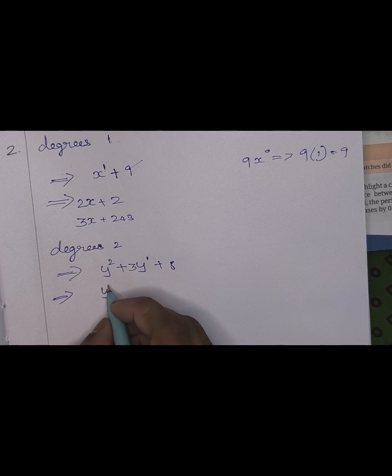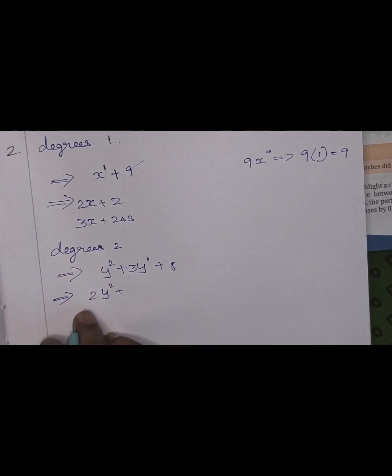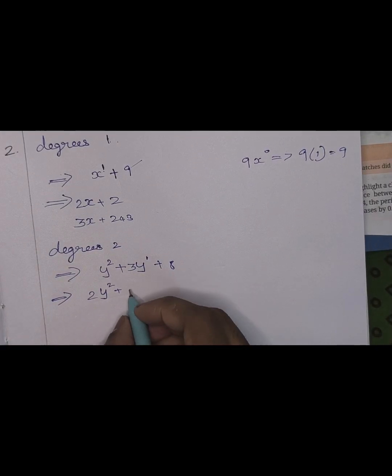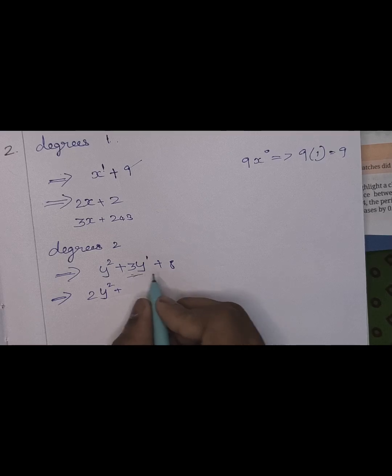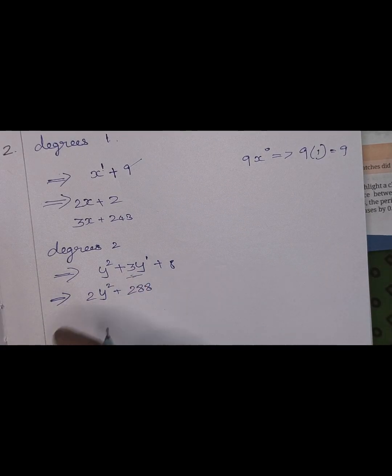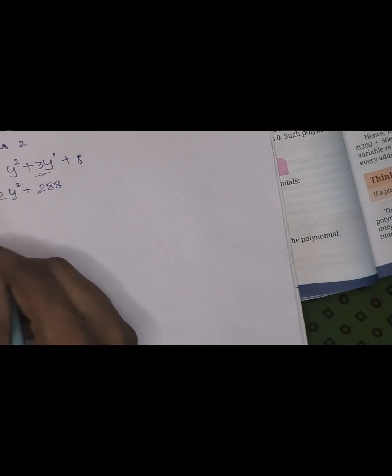The highest power value should be y square, 2. You can put 2y square or 3y square, anything. Next, you can simply omit the y term and write 288 or anything. Okay friends, just the highest value should be 2 only. After this, whether you write more terms or not is not a problem.